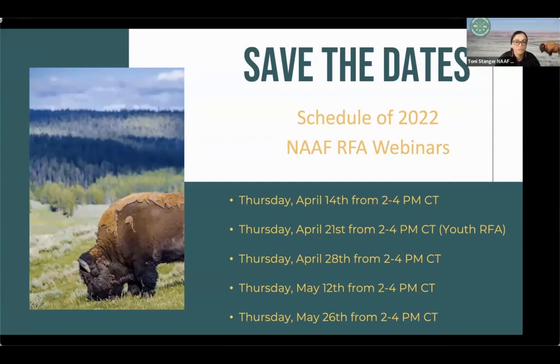Thursday, April 21st from 2 to 4 p.m. Central Time for the youth RFA if you plan on applying for the youth. Thursday, April 28th from 2 to 4 p.m. Central. Thursday, May 12th from 2 to 4 Central, and Thursday, May 26th from 2 p.m. Central.